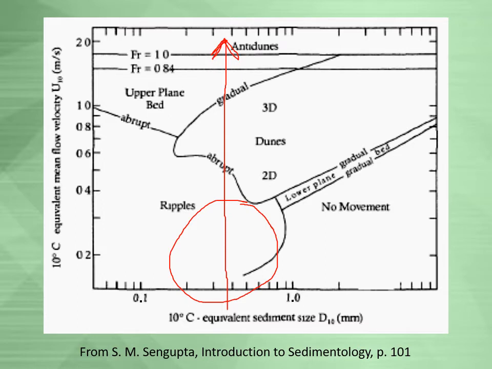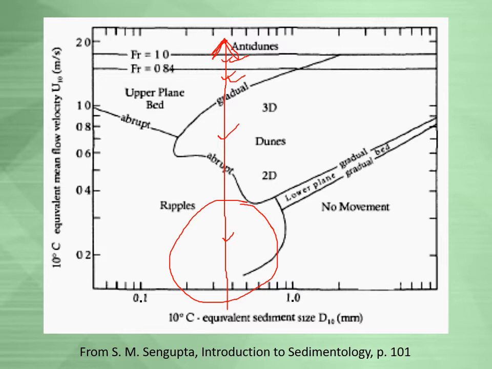Firstly, in lower flow regime, it is formed ripples, then goes to dunes, then the upper plane beds, and lastly the antidunes. So all the structures are best developed for medium grain sand, and obviously when the velocity is very low, then some plane laminations are also formed, but their vertical extension is very low, so that is why it is not shown in this graph.